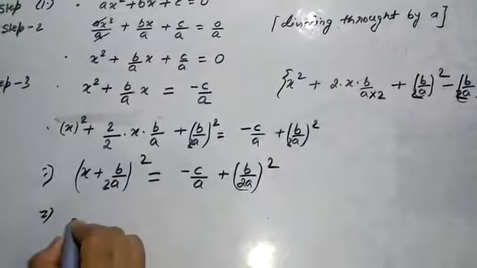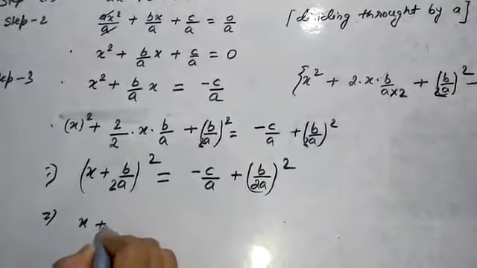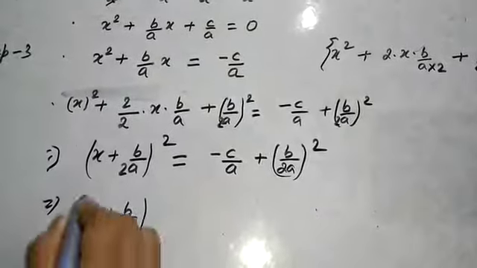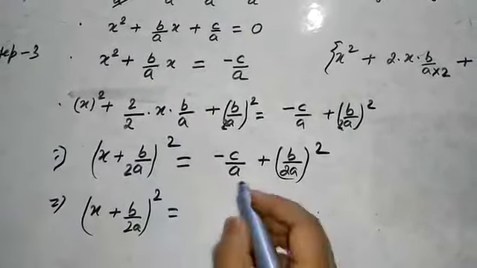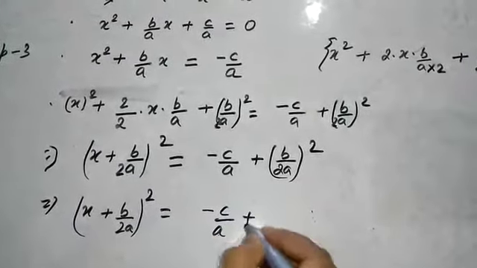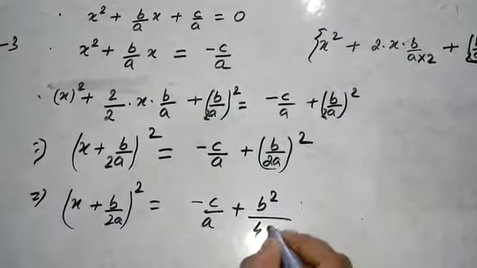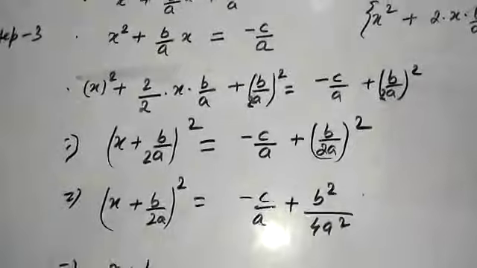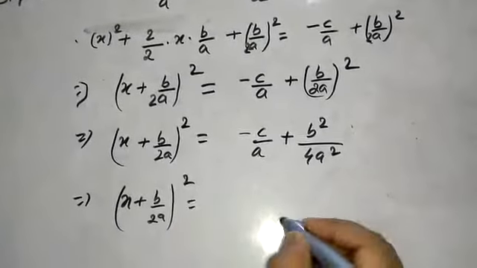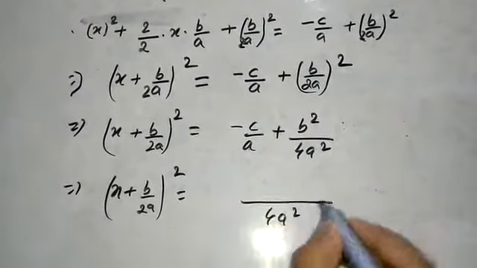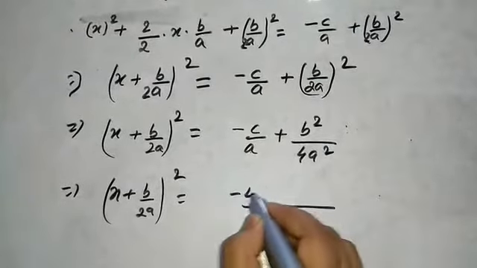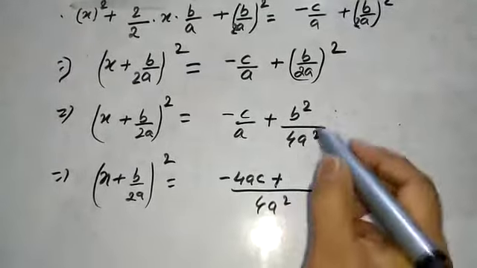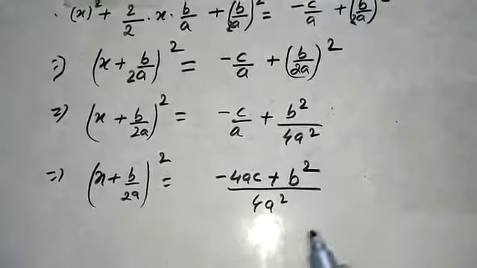Now when we solve this, x plus b by 2a whole square equals to minus c by a plus b square by 4a square. So x plus b by 2a whole square equals to, take LCM, it will be 4a square. So here 4ac plus b square.